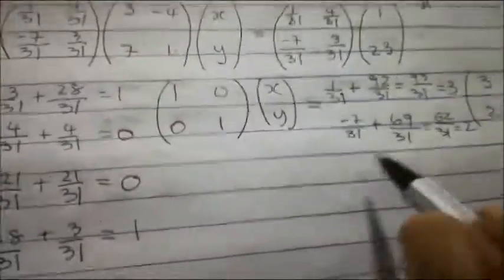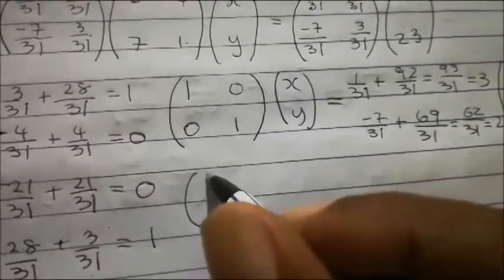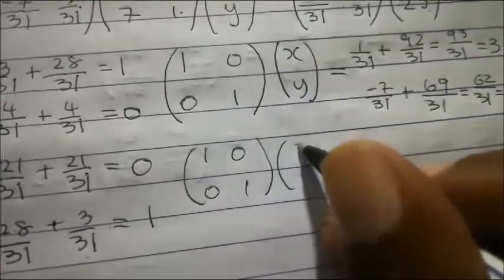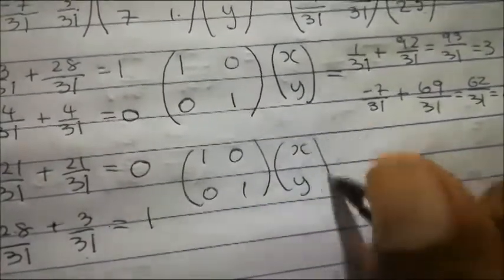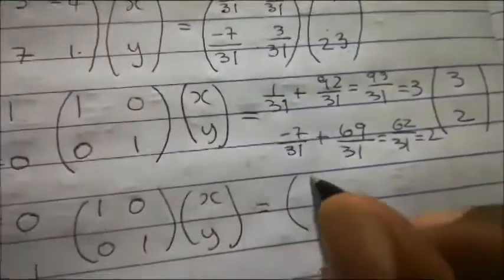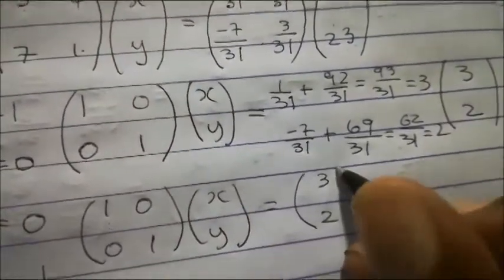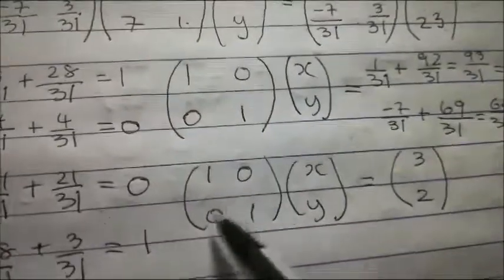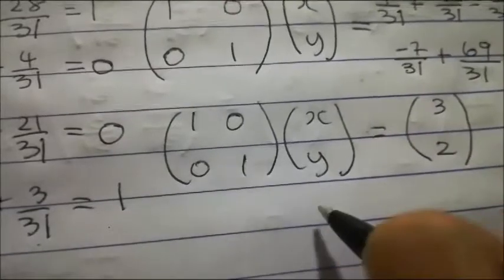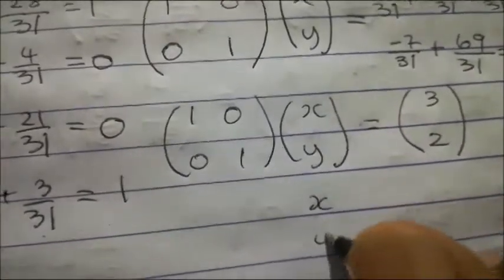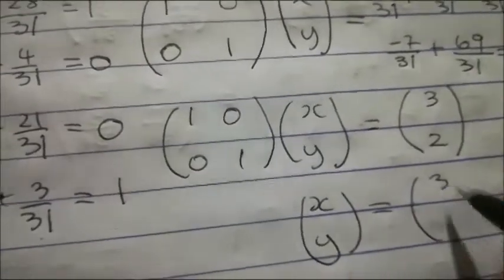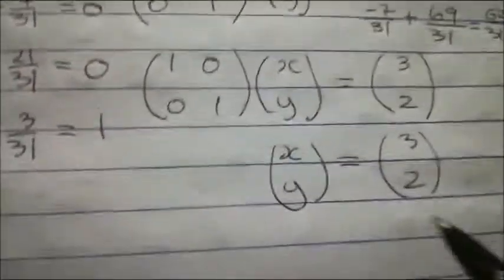So we find now that the identity matrix 1001 times xy is equal to 3 2. Now remember that this identity matrix is really 1. So in actual fact then, we're going to just simply bring down the x and the y to equal to 3 and 2. So corresponding values.